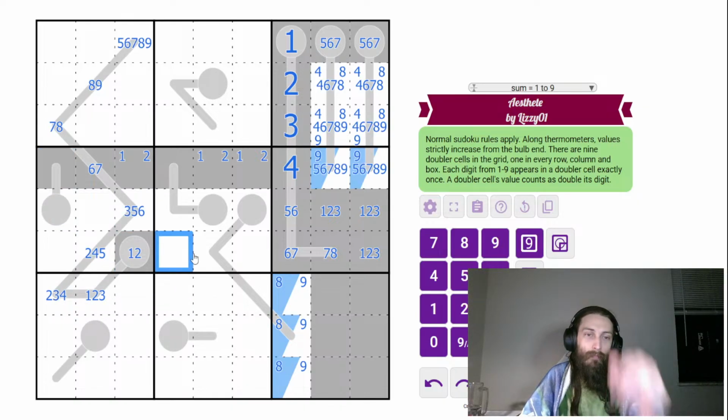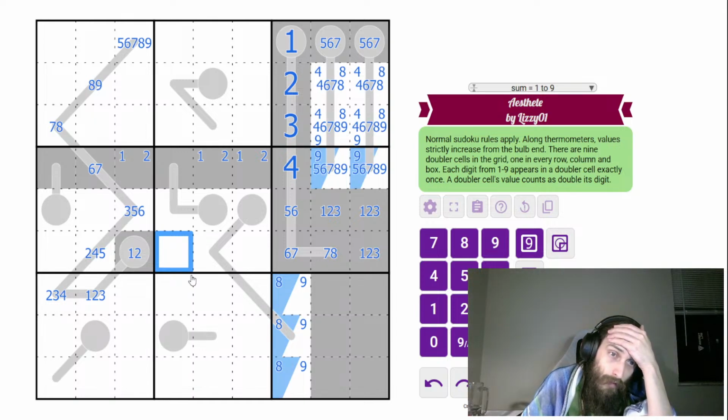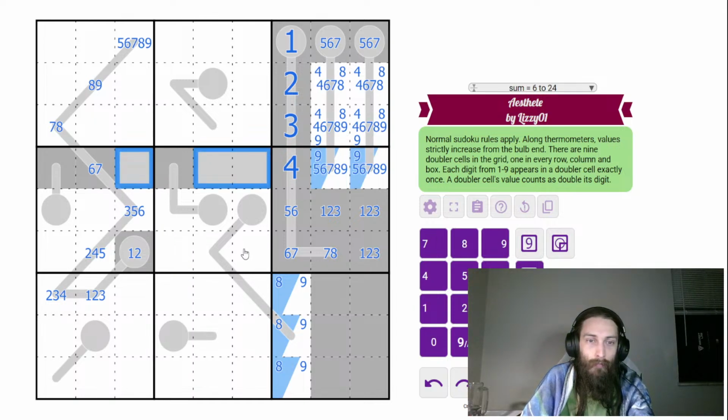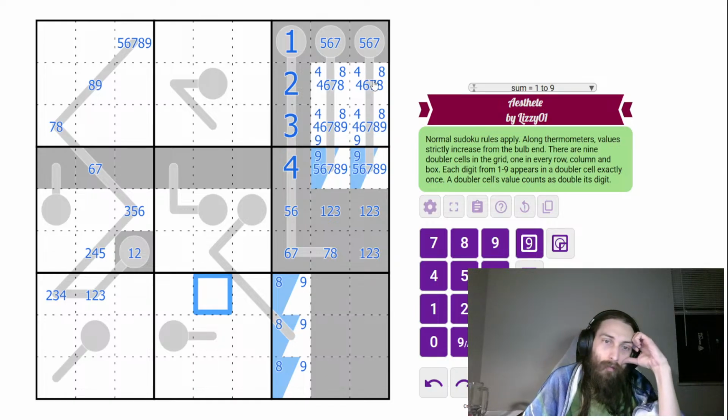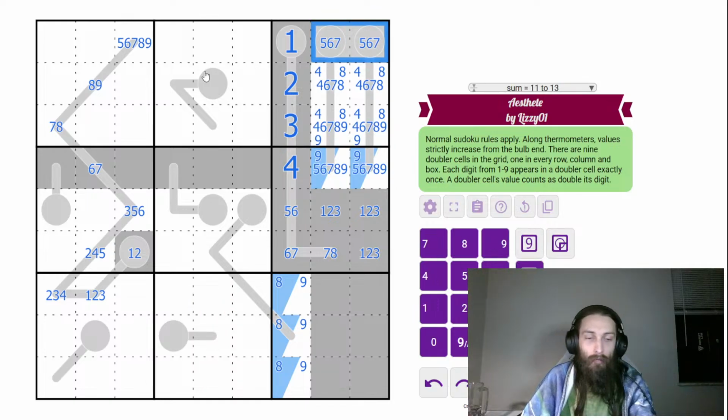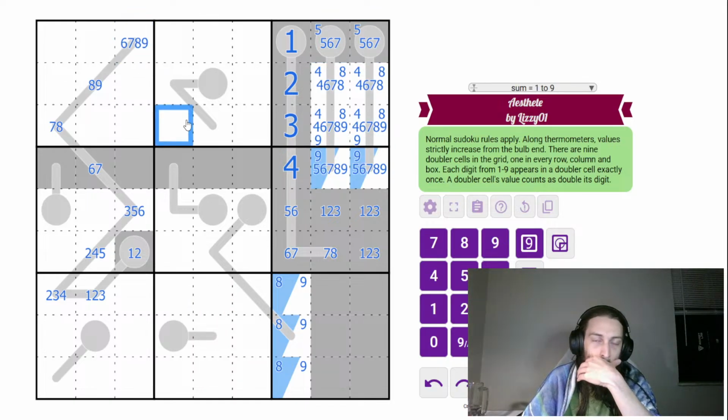Yeah, I'm not sure. So we know in box 3 that the 5 has to go in row 1. So the 5 comes out.